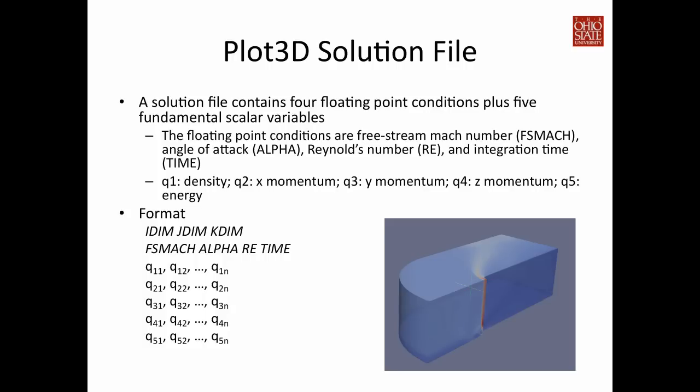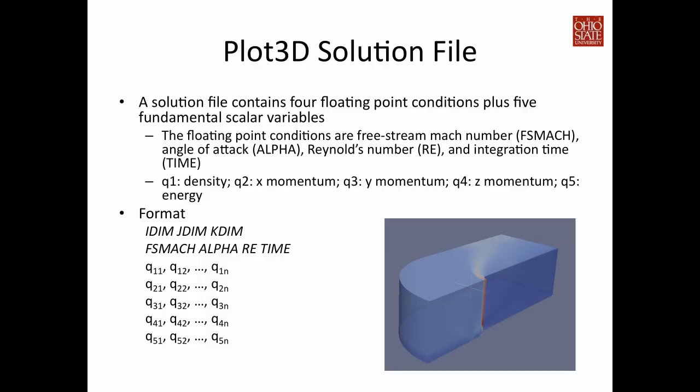Now, most CFD simulations produce 5 fundamental scalar variables. And this is actually where the name Q comes from. So the 5 variables are density, momentum. Momentum is a vector, so you have an x momentum, y momentum, and z momentum, followed by energy.